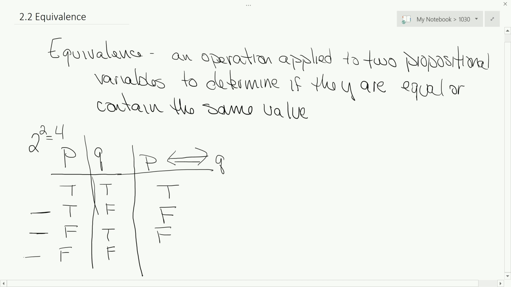And if I look at my last row, I can see that both P and Q are false. That means that they both contain exactly the same value, so I'm going to put a true in the final column of my truth table.